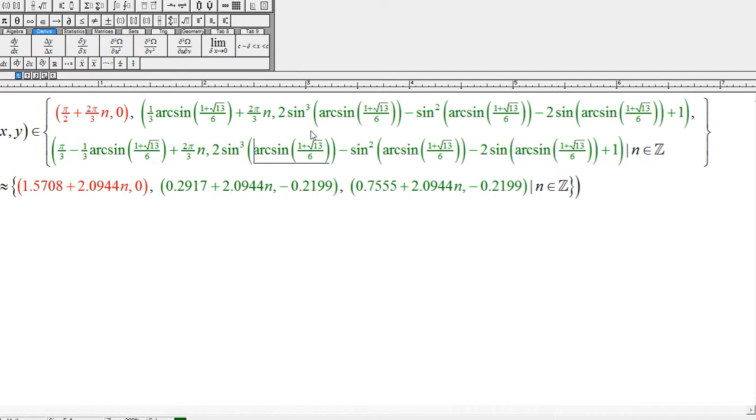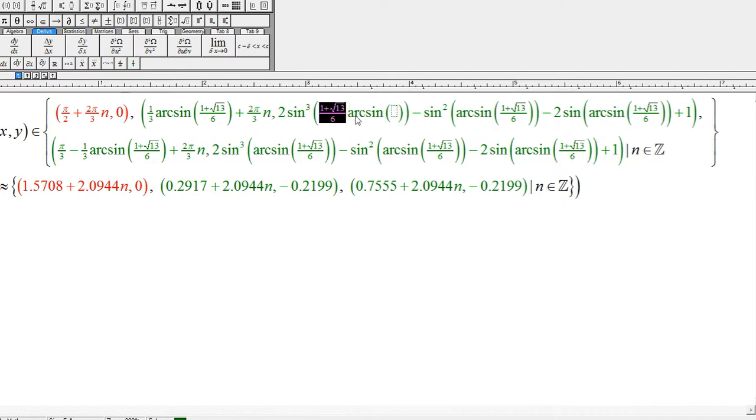Okay, now what does this say? This says you take the angle whose sine is this, and then you take the sine of that. Well, the sine of the angle whose sine is this. So what this really works out to be is just this sine and this arc sine cancel.